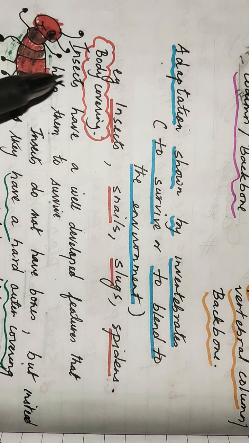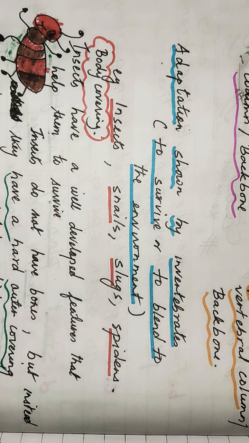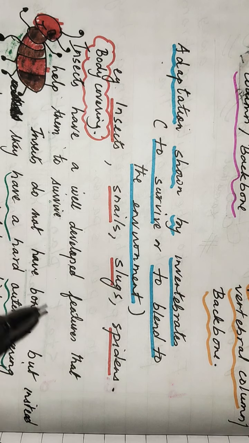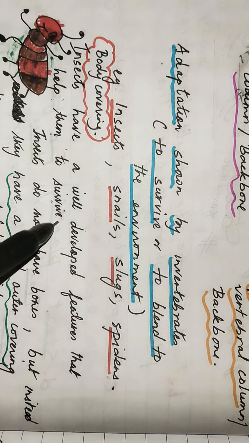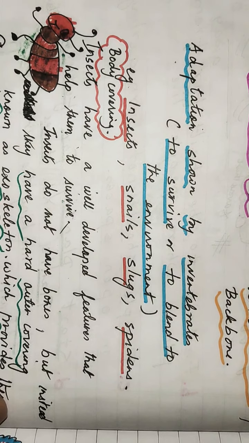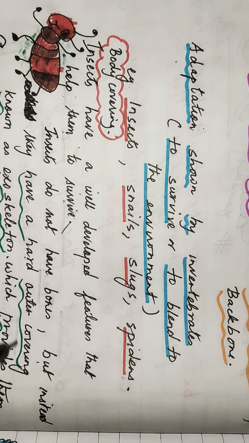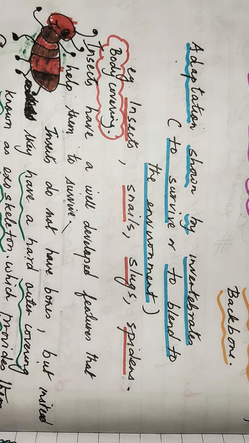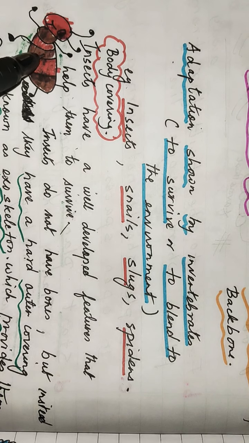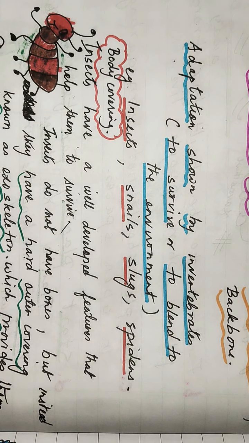Okay, now first is body covering. Insects have well developed features that help them to survive. Insects do not have bones, but instead they have a hard outer covering known as exoskeleton, which provides them protection.